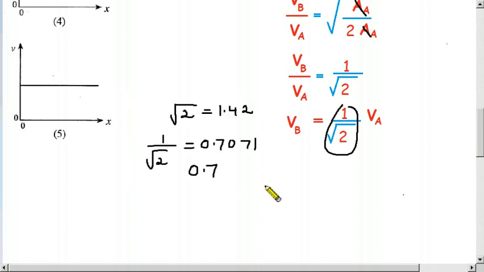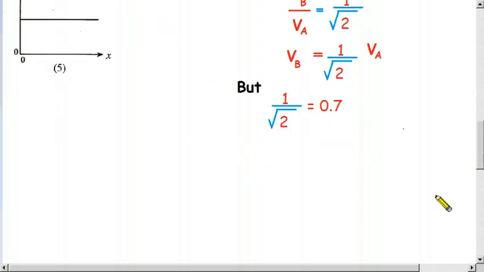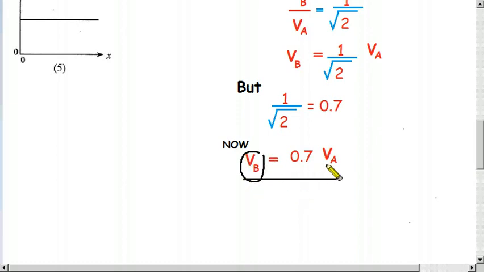Now we get the relationship VB equals 0.7 times VA. We substitute this and get something like this. So children, the final relationship is VB should be 0.7 times VA.